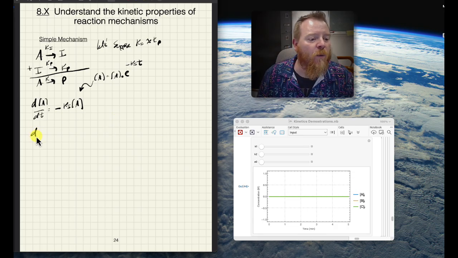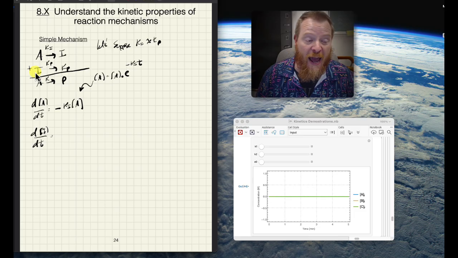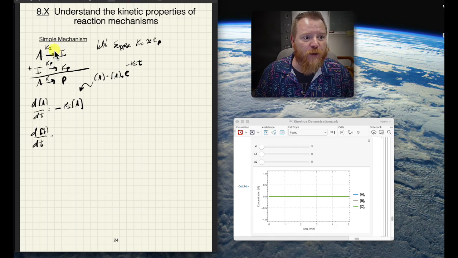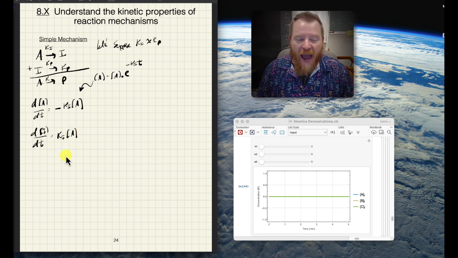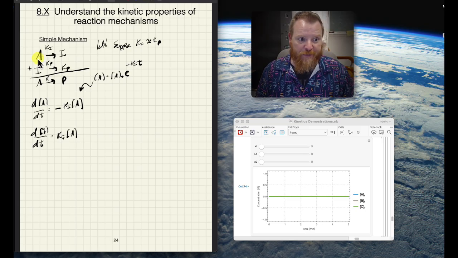So now we need to write the rate law for the intermediate I, and there's two steps. One step is a decay, one step is a production. So we need to use that negative sign carefully. So in this first step, this is a positive rate. So that's a positive Ki, and it's still times A. Remember, it's rate constant times reactant.